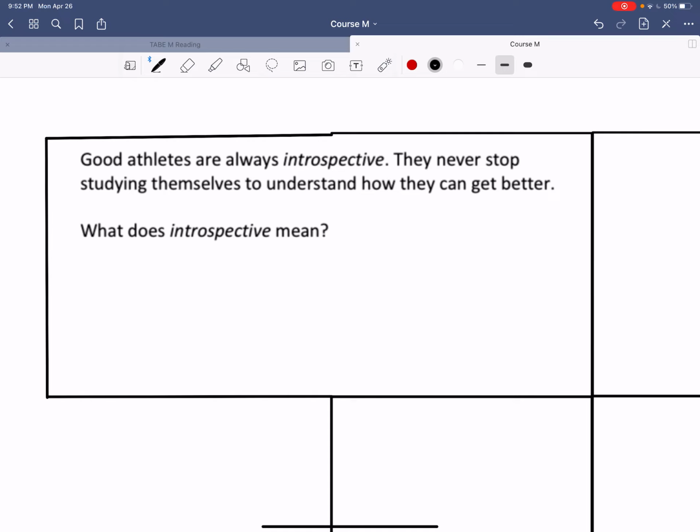Now, this is a big word. It has 4 syllables. Introspective. So let me write that down for you. It always helped me when I was in school if I could break the word down into syllables.